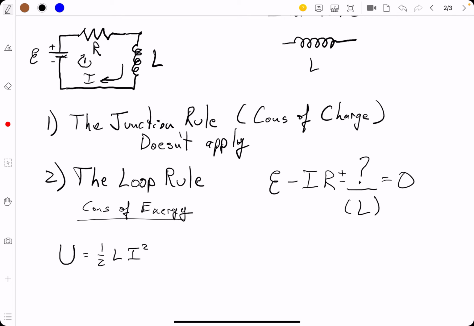All right, so we've got our current flowing through this thing, and it is definitely storing energy, and it's 1/2 L i squared. All right, so our power lost, we also looked at the power lost.